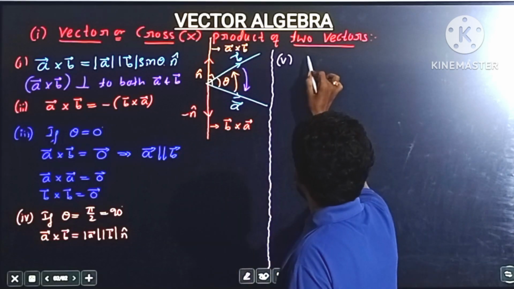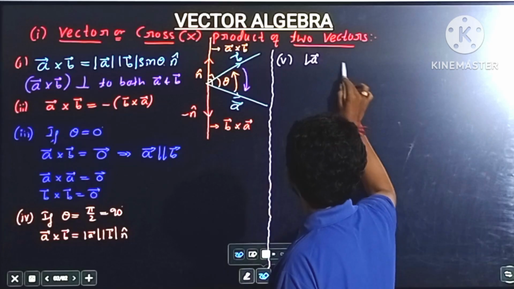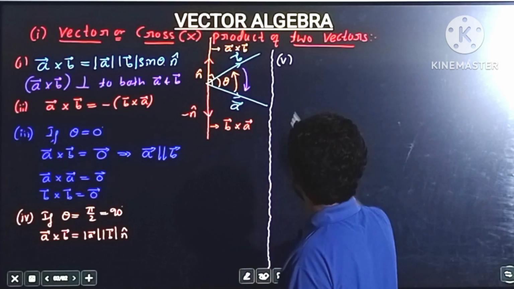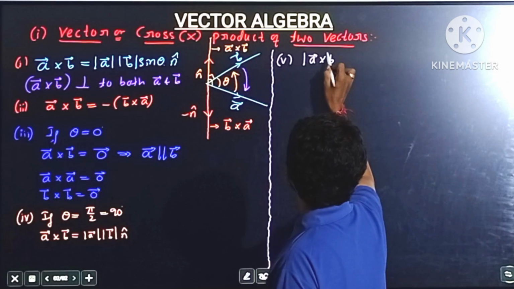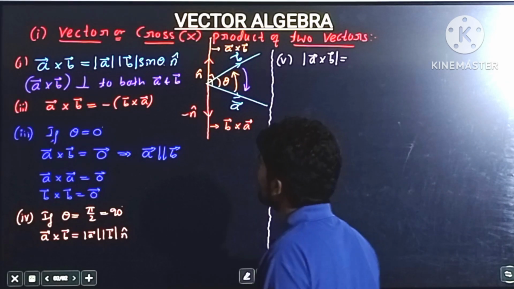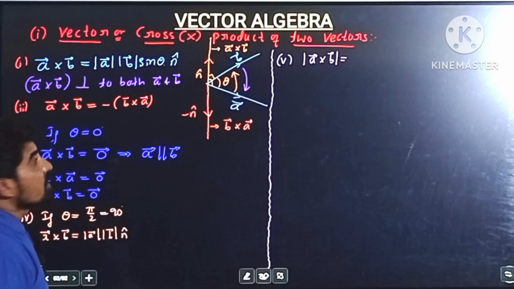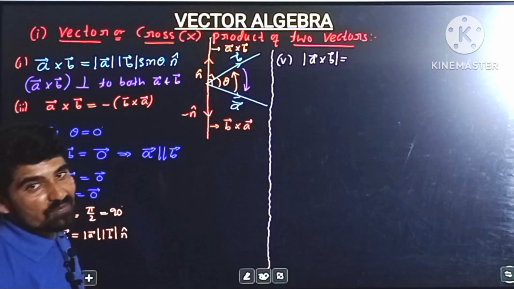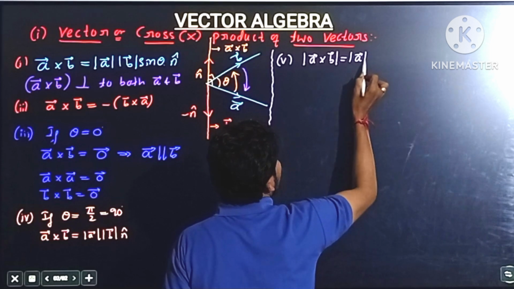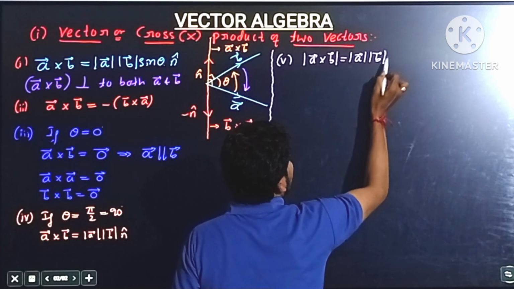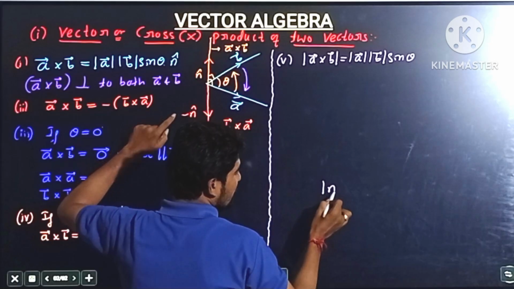So the magnitude of a vector cross b vector is equal to magnitude of a vector and magnitude of b vector into sine theta into magnitude of n cap.